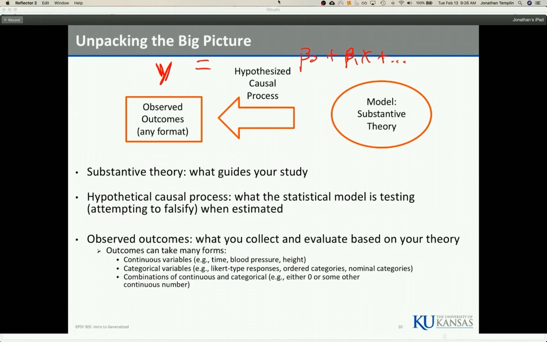This part on the right-hand side really comes from the theory that we end up having, some type of theory that says, hey, x has a role in predicting or causing what y happens to be. And so that still holds, that still is the process that we see. However, not all outcomes follow this linear type of model.